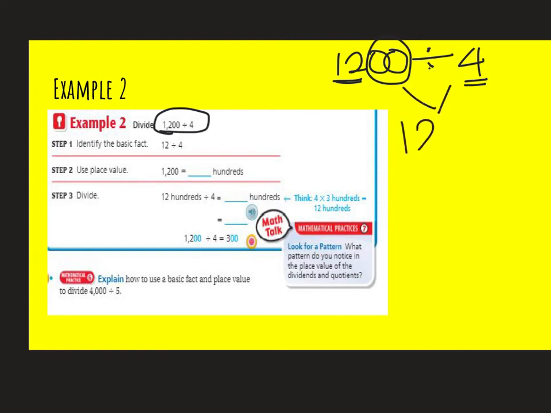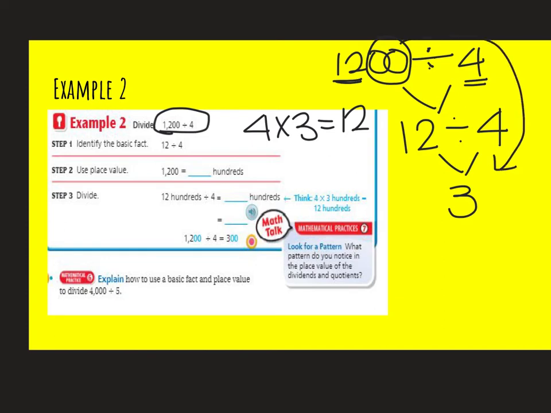It becomes 12 divided by 4. I know that 4 times 3 gives me 12. So the answer will be 3. But boys and girls, don't forget, we have those 2 zeros that we ignored in the beginning. So my answer will be 300.